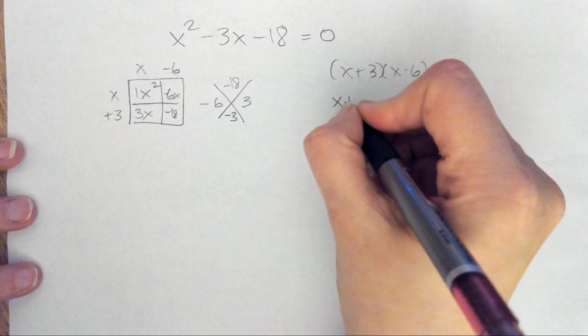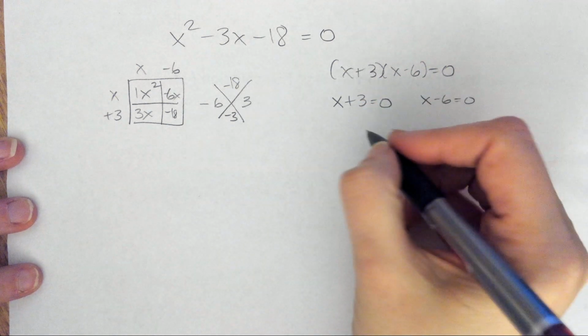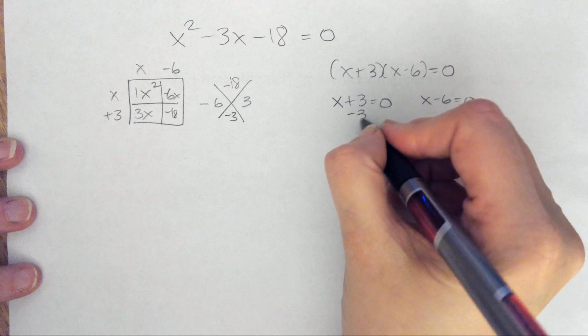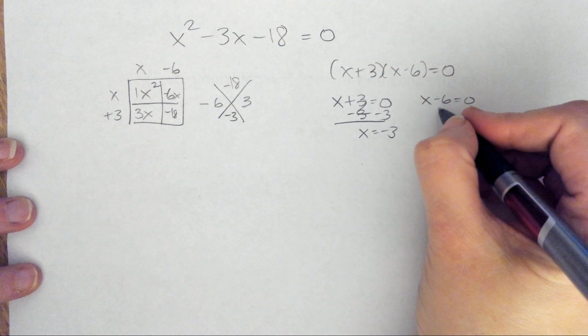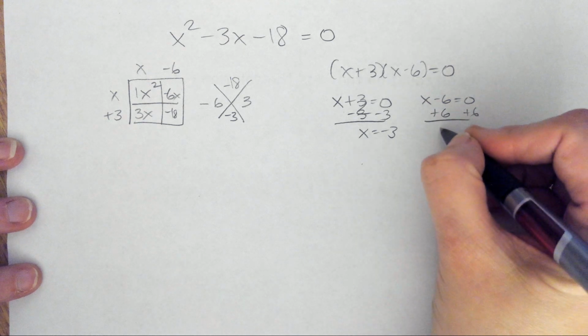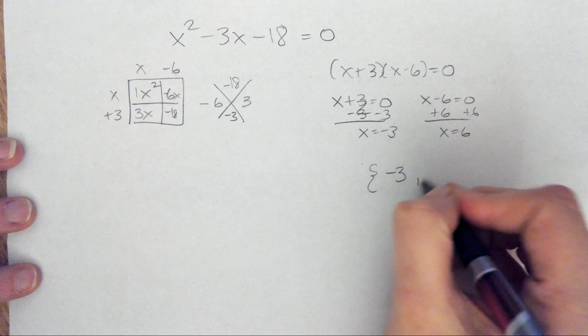So I have x plus 3 equals 0, x minus 6 equals 0. When I work that out, I have x equals negative 3, and x equals 6. So my solution set would be negative 3 and 6.